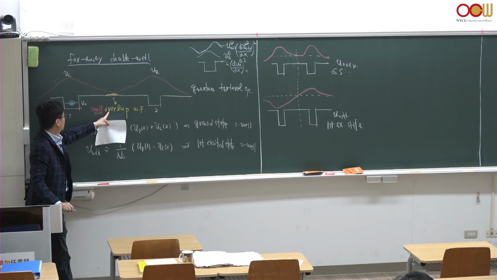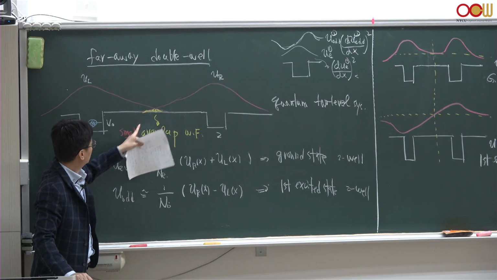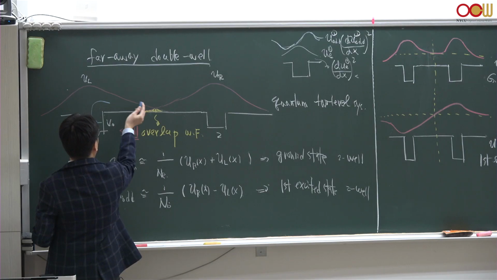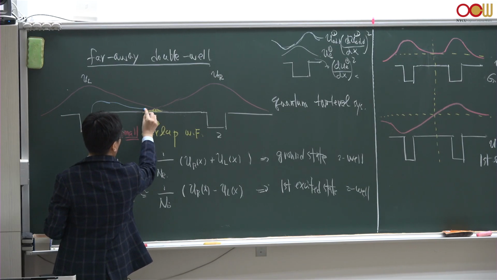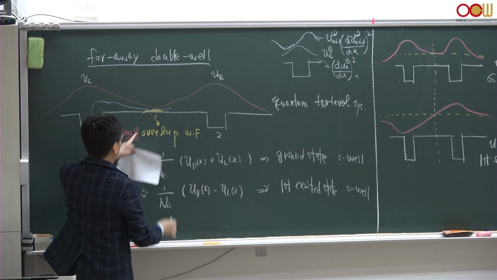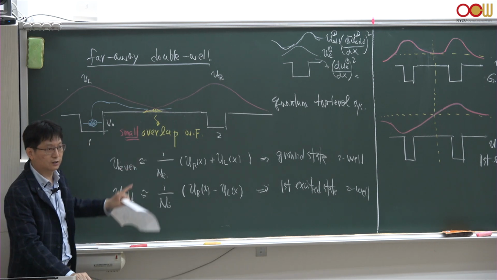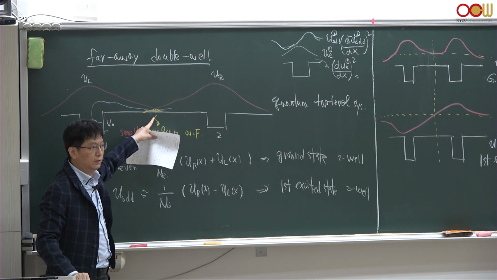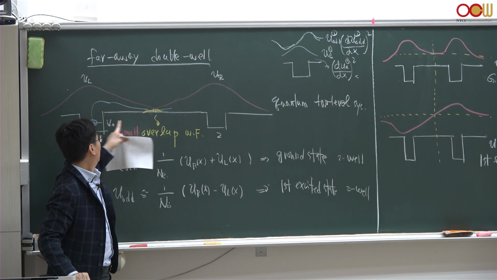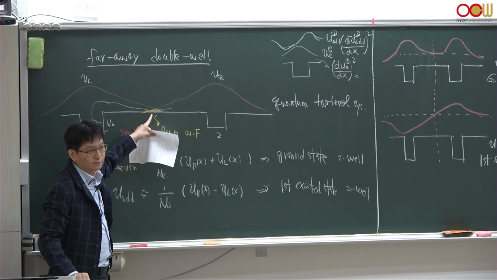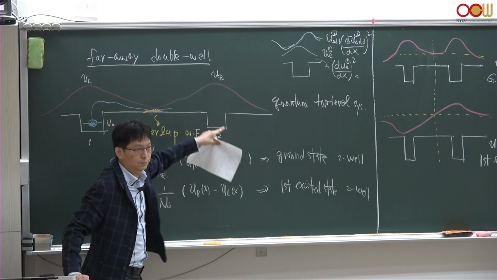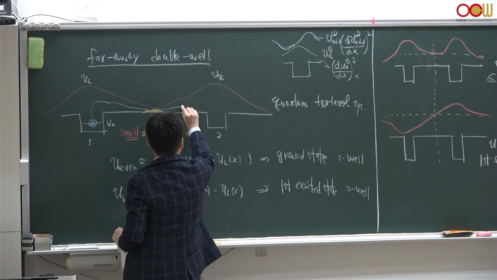However, even though this is a small overlap, it is a finite overlap, and this particle can actually go to the other side because the product between these two wave functions is non-zero. So you have a finite probability to find this particle in the middle.